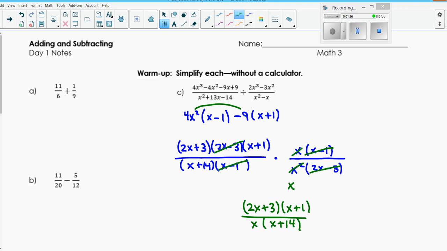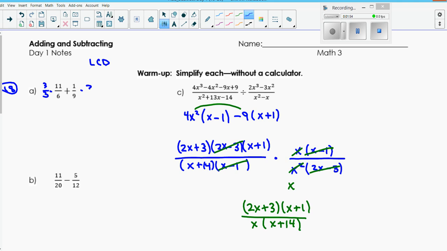Alright. So yesterday we kind of talked about these two examples over here. So let me reiterate. We always want to find the least common denominator, meaning the smallest number that they have in common. We can make 6 and 9 both become 18. So I'm just going to put an 18 over here so you know that that's what we're trying to make them. So I can make 6 become 18 if I multiply it by 3 over 3. Remember, that's multiplying by 1.